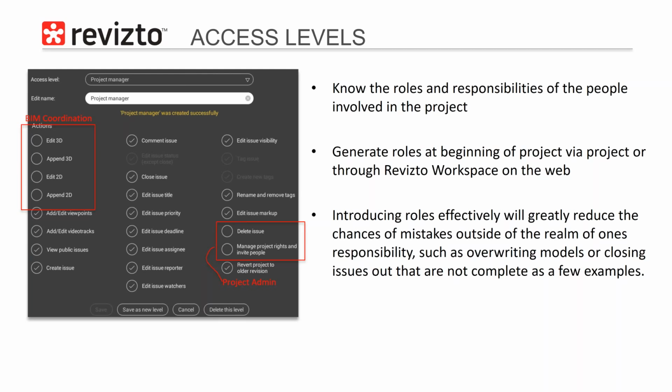So as you can see in the rights given to the project manager, we have 4 rights inside of this red rectangle to the left that actually disable the project manager from being able to edit, append sheets or 3D content, as these are usually controlled by the information coming out of Revit and Civil 3D and all these other tools.